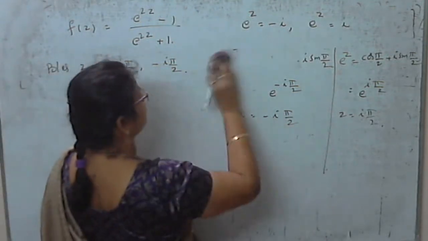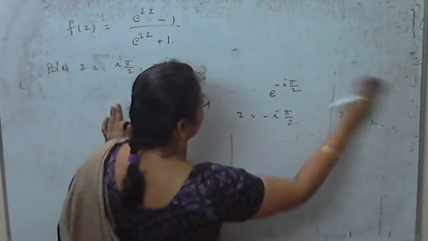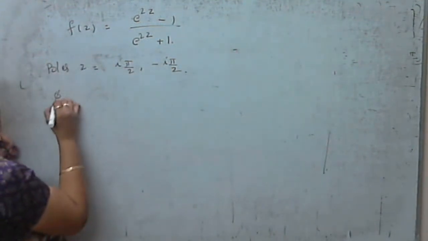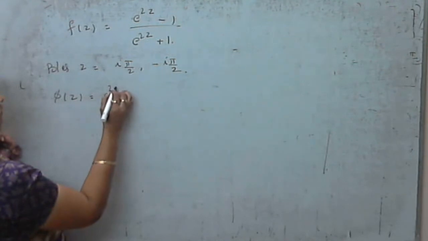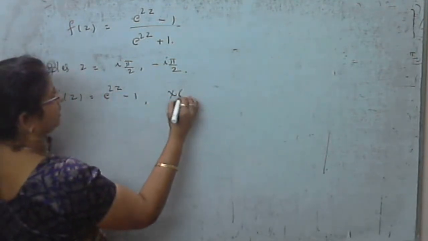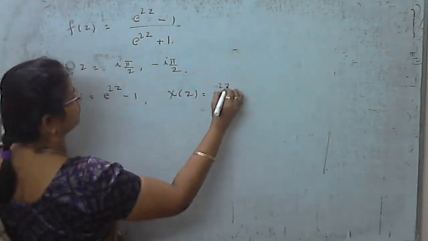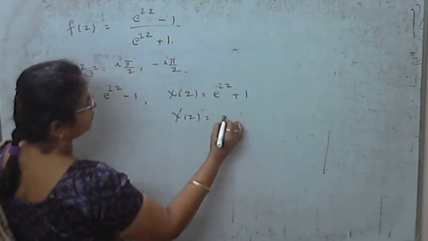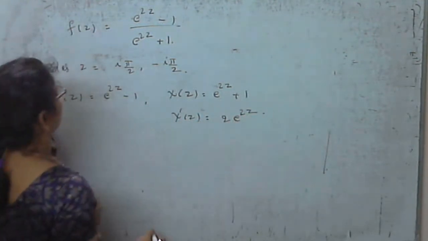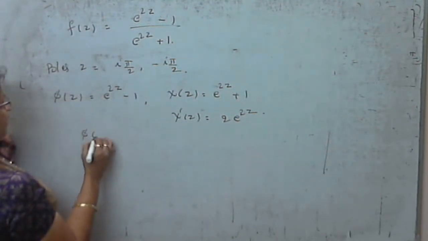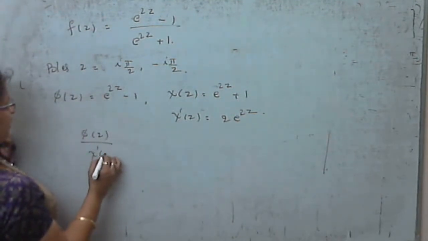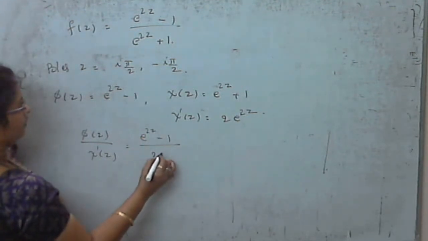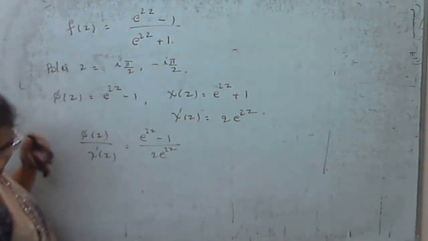So let phi(z) equal to e^2z minus 1, psi(z) equal to e^2z plus 1, psi dash z equal to 2 e^2z. So phi(z) by psi dash z equals (e^2z minus 1) by 2 e^2z.